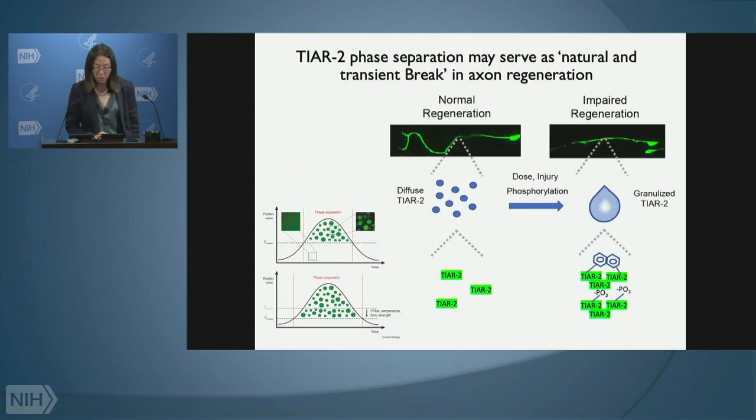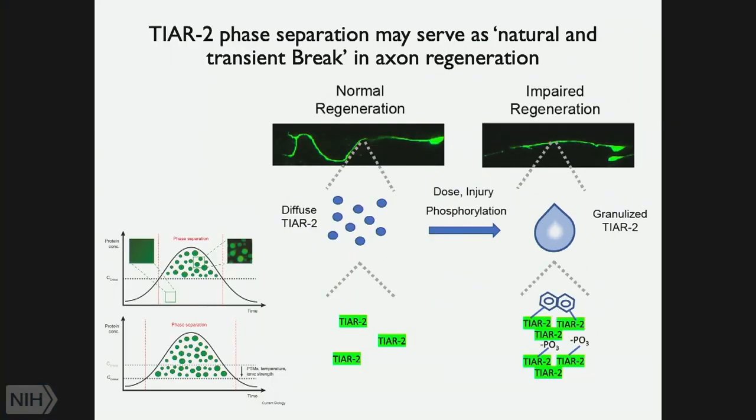And I'm not going to go into additional details. He was able to identify phosphorylation events, both serine and tyrosine phosphorylation, in that small domain. It's responsible for triggering this phase separation.